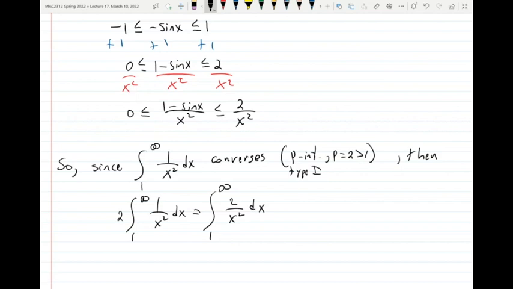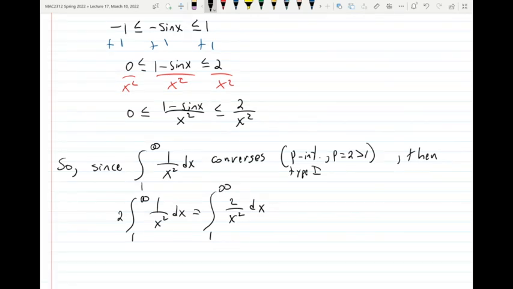Remember, this is a limit, right? This is the limit as b approaches infinity of the integral from 1 to b. That limit is a number, so I can take this 2 into the limit because that limit exists. The result is 2 times the limit, so this one right here is going to converge as well. It's going to be equal to twice whatever this integral is.